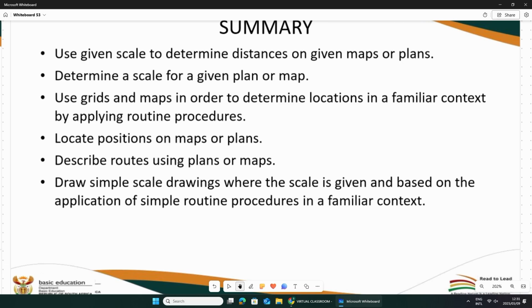If you're given the scale or the reality, you have to go back to the scales. I've covered both of these in this topic: given the scale, you find the actual distance; given the actual distance, you find the scale for the map.